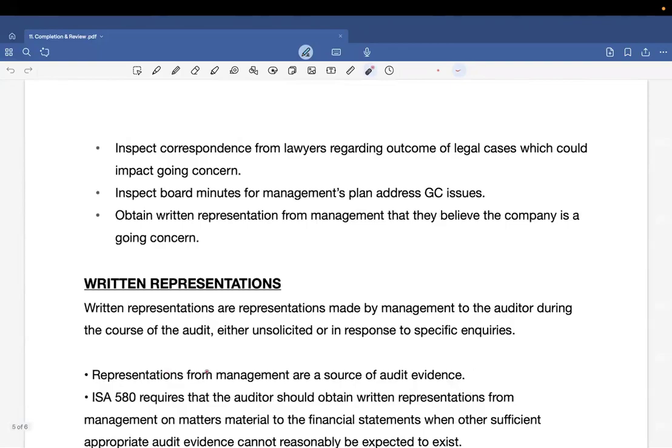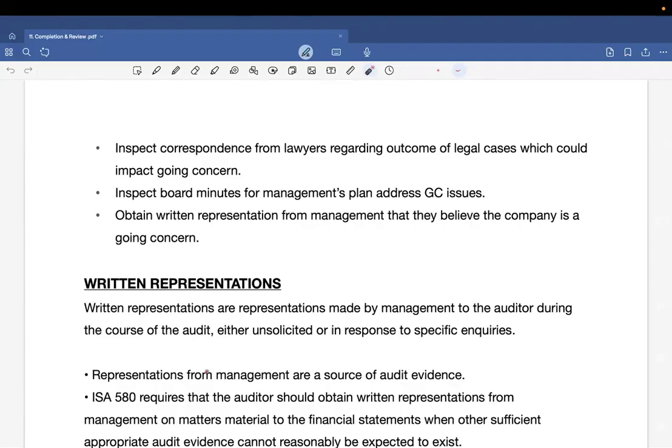Correspondence is simply a word given to all forms of communication. So in procedures, it is very important that you use this word correspondence. Clear? Now you're going to inspect the correspondence from the lawyers, and all the related legal cases also, which are going to impact the going concern. Clear?